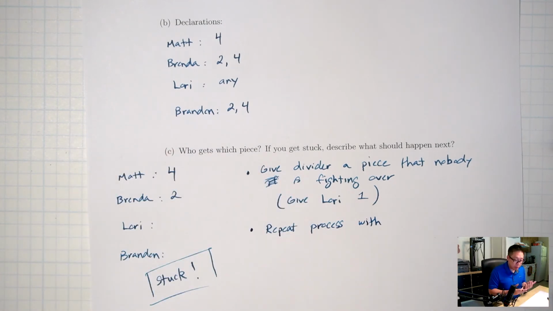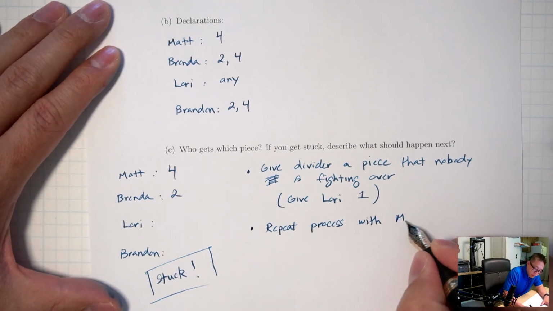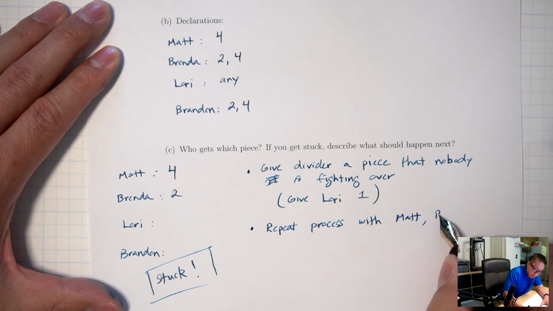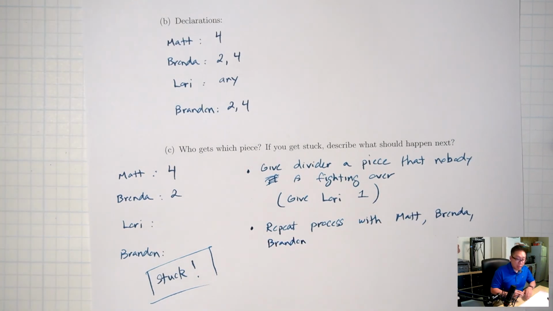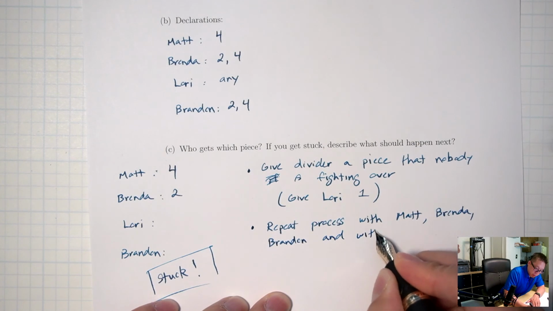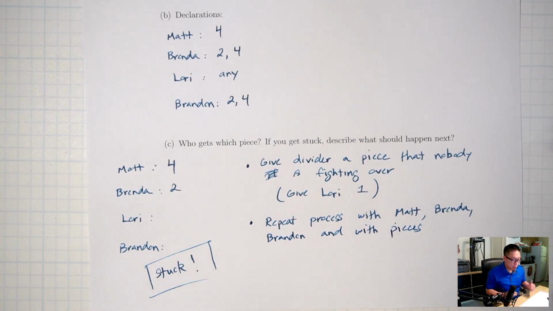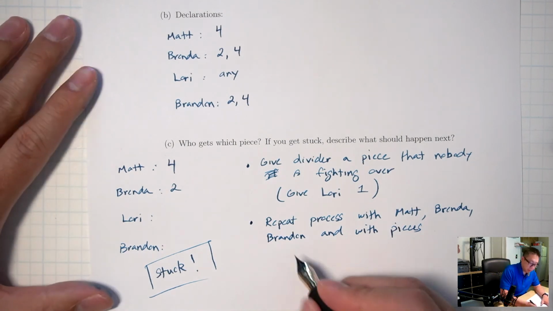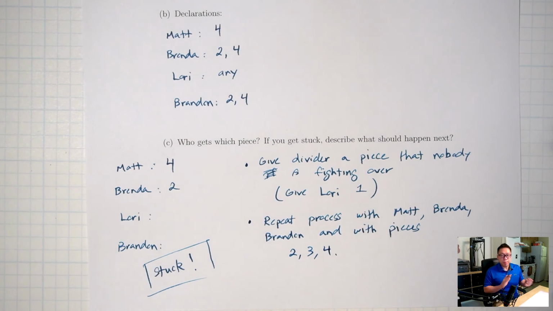We're going to repeat the process with whoever's left, which is Matt, Brenda, and Brandon, and with the pieces that are left. The pieces that are left are 2, 3, and 4. And that's what I want as an answer.